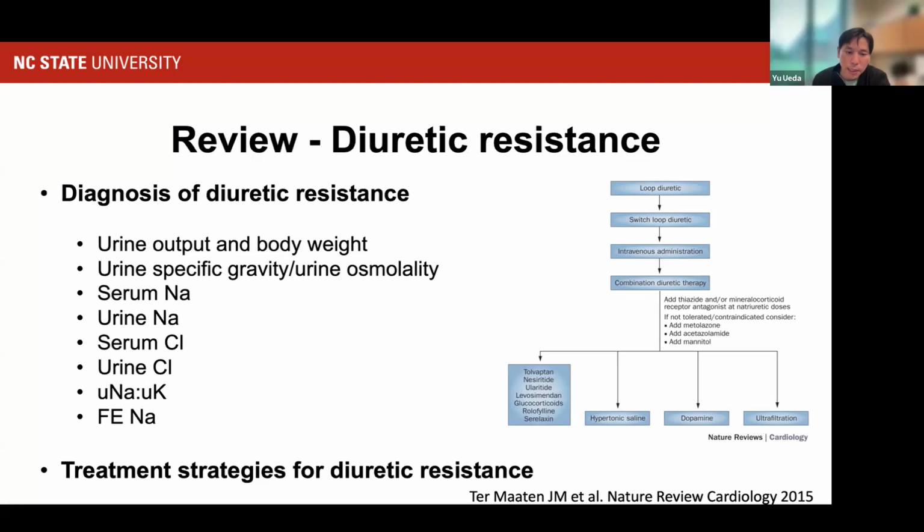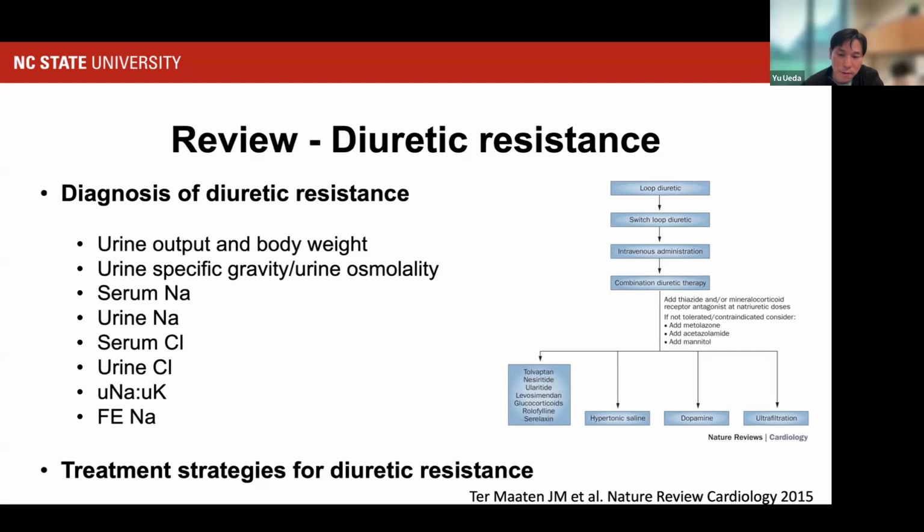And then based on that diuretic resistance diagnosis, maybe we can modify the treatment strategies if the patient has decreased sodium excretion into urine, such as decreased urinary sodium concentration, decreased fractional excretion of sodium, or a low urine sodium to potassium ratio, for example.